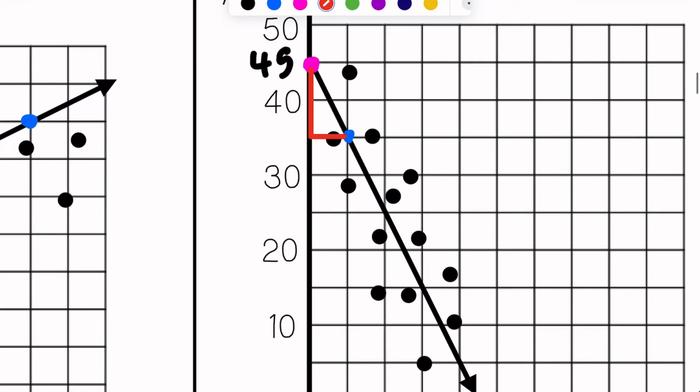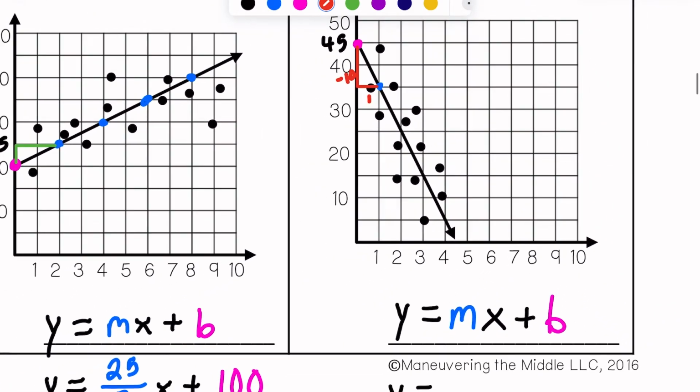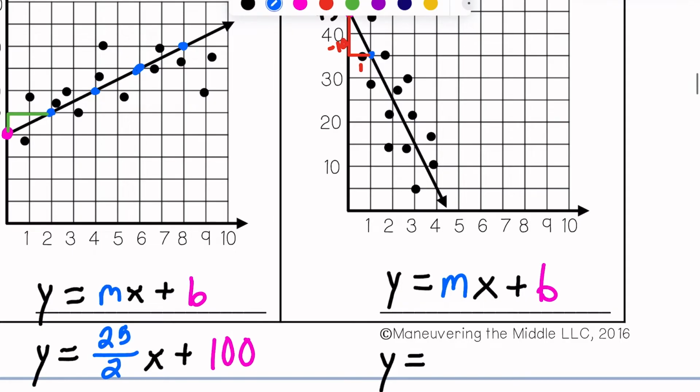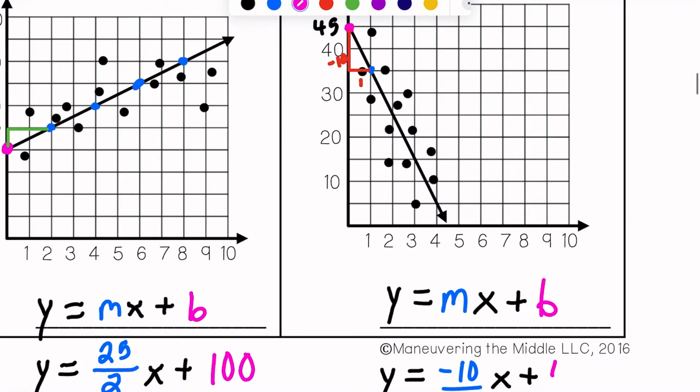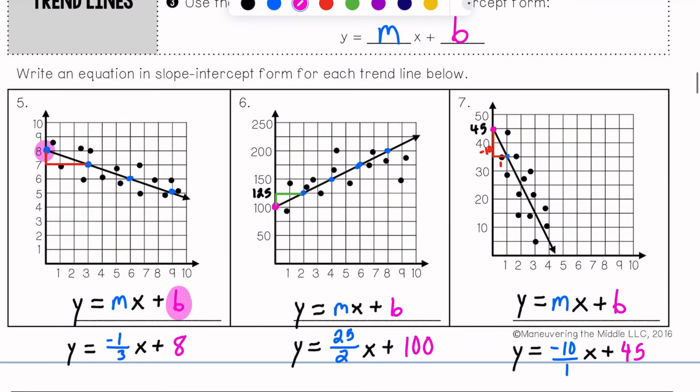So down 10 and then to the right 1. Down 10, right 1. So my slope is -10 over 1. Put x after the slope and then plus 45 for the y-intercept. Okay, 3 examples of how to find the equation yourself of the trend line.